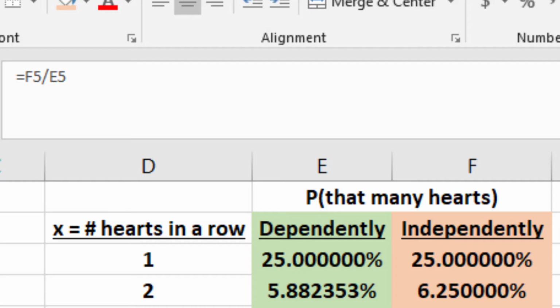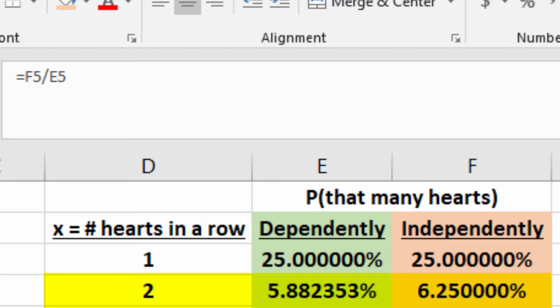Dependently meaning that we actually take into consideration that the hearts coming out are affecting later probabilities, independently pretending they don't affect them at all. So looking at this little table, the first 2 rows you've already seen before. The chance of 1 heart coming off the top of a deck is 25%, no matter whether you treat it dependently or independently, because there's only one card coming off. It's the second card where the numbers start to change.